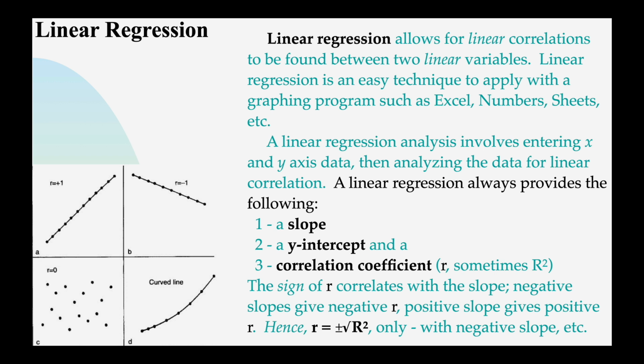And so if your data has linear behavior, and you can see in the graphs in the lower left there, A and B are definitely linear. They're nice straight lines, all right? C is very random. I don't see any correlation in that at all. D is a curved line, and there are other kinds of regression analysis that we could apply for that.